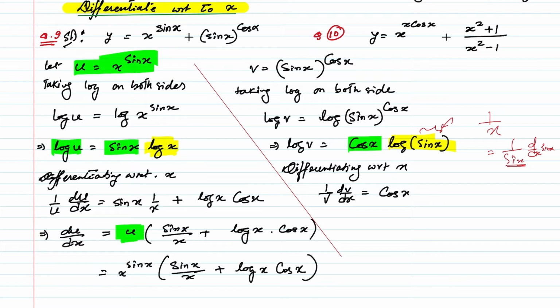So that's why again you have to find the derivative of that. So here it will be 1 by sin x, derivative of sin x, then plus second function is log of sin x, and derivative of the first function, that is derivative of cos x.